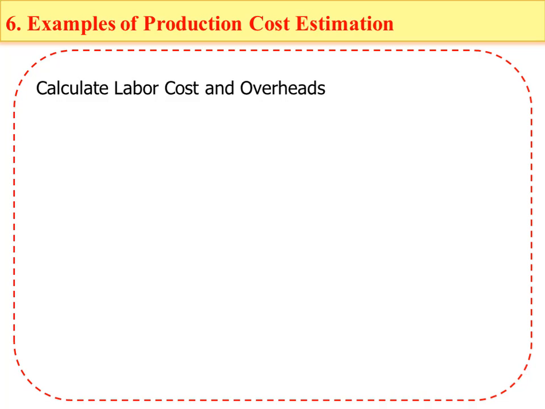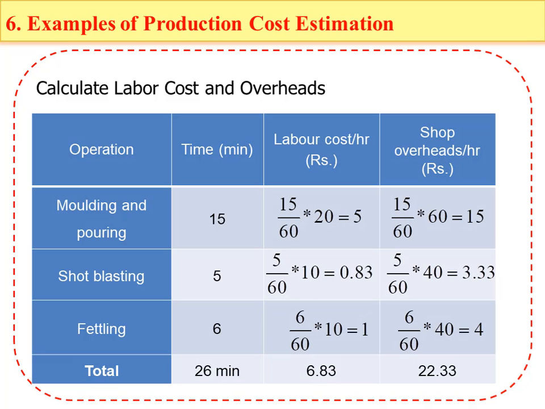And going on, we calculate the labor cost and overhead in the table. We use the row multiplied by the column. For example, in the row of molding and pouring, we use 15 minutes and convert it into hours by dividing by 60 and multiply it by the labor cost of 20, and we got 5.